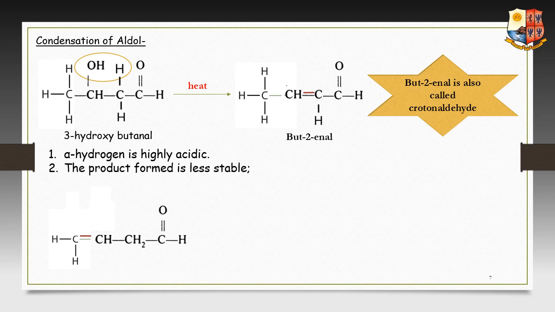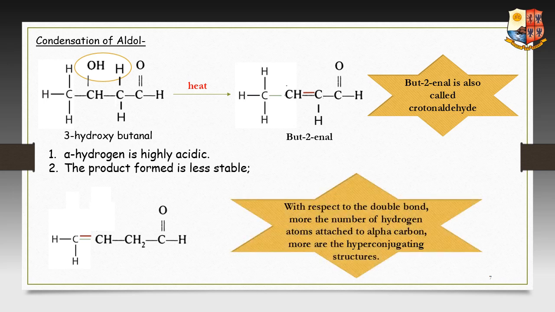Now when you compare this to but-2-enal, with respect to the double bond, more the number of hydrogen atoms attached to the alpha carbon, more are the hyperconjugating structures. This is a rule of chemistry. So if you look at but-2-enal, with respect to the double bond, this is the alpha carbon to which there are 3 hydrogen atoms attached.